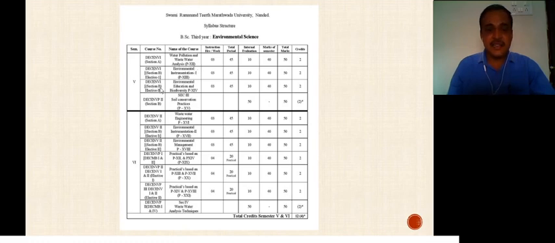Then there is another paper, that is Environmental Education and Biodiversity. Out of these two, Environmental Instrumentation or Environmental Education, only one paper is opted by the students for their semester 5th examination.